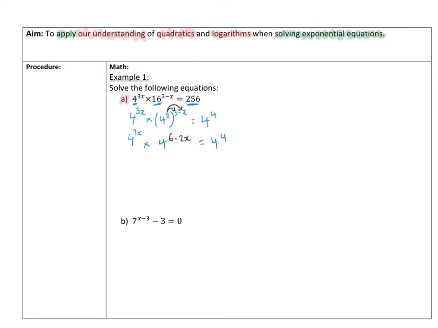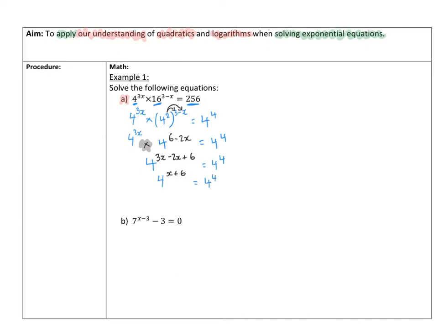On the left-hand side here, we know that if we're ever multiplying indicials, we just add the powers. So in the top here we have 3x minus 2x plus 6, and that is to say 4 to the x plus 6 equals 4 to the 4.